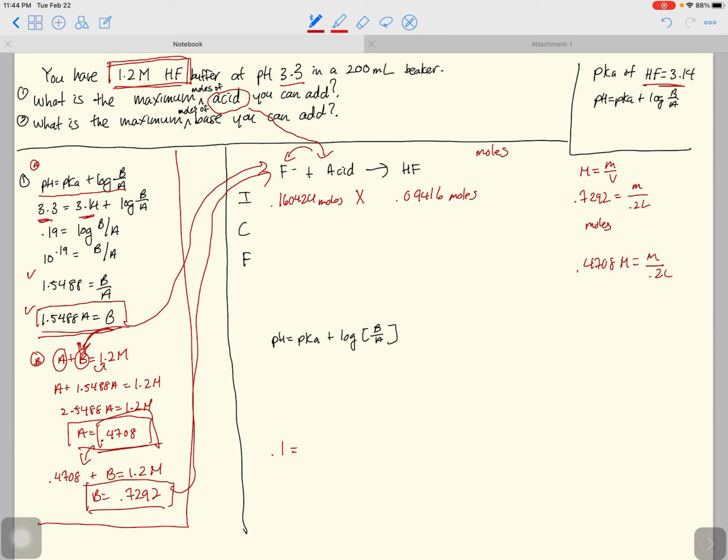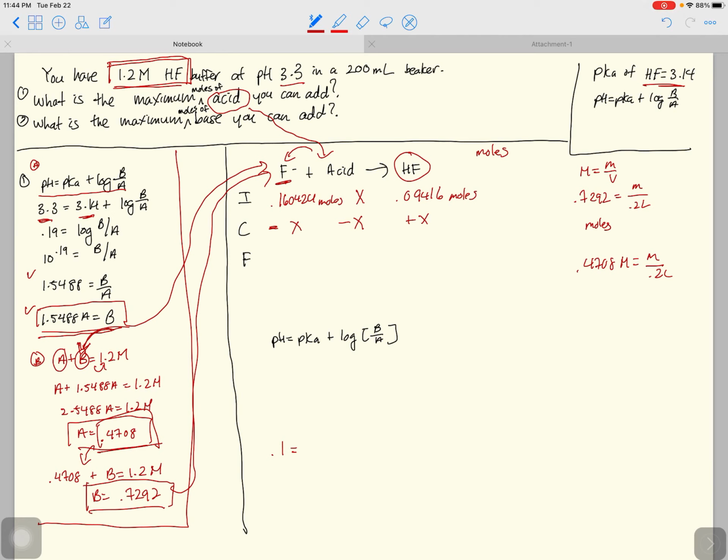When the base and acid react, wouldn't you assume this base would become less basic, right? And therefore, the change is minus X, and then the acid would also get reduced by minus X. And since we're adding acid to the solution, doesn't it make sense that this weak acid would increase?